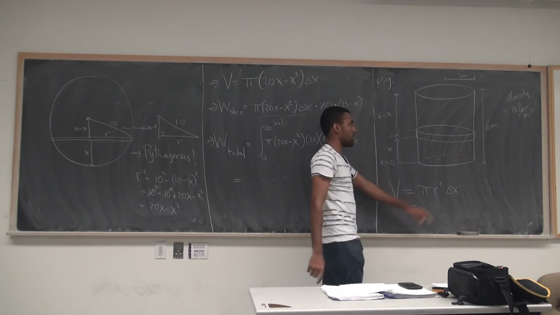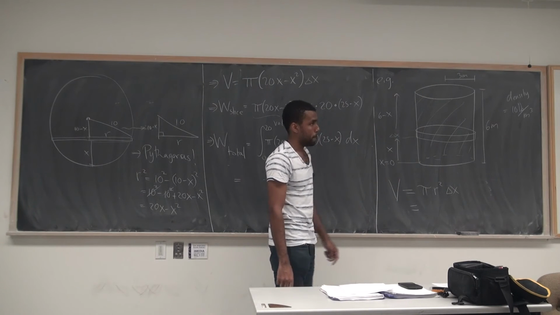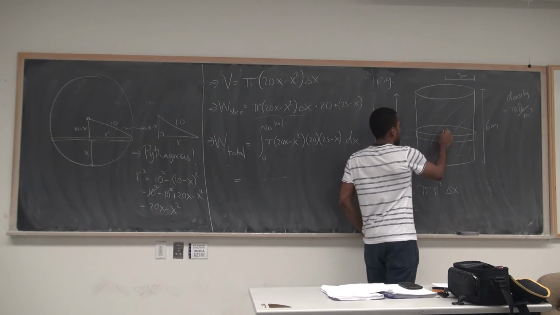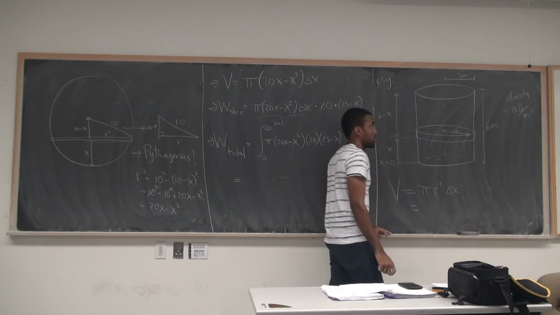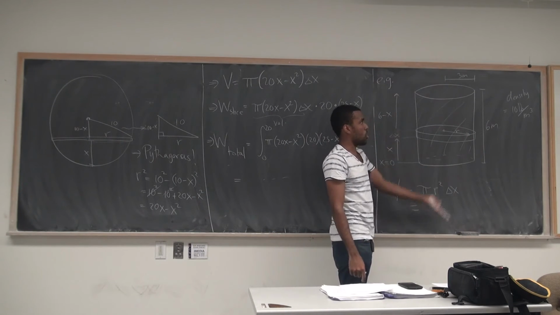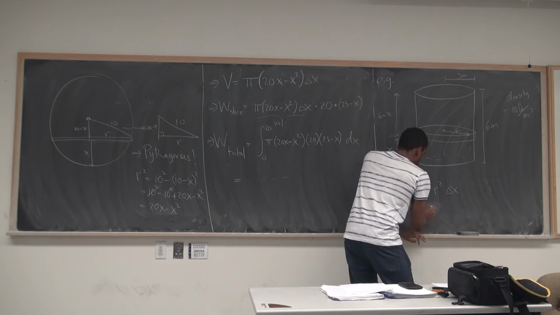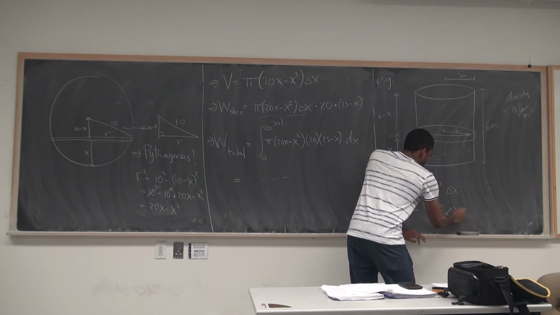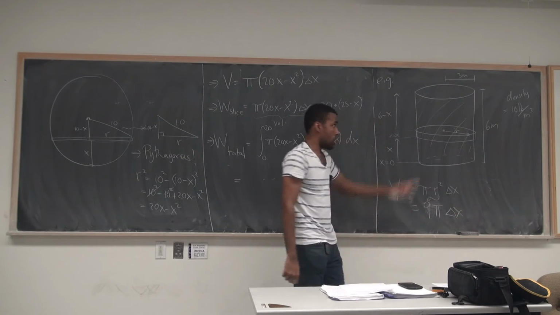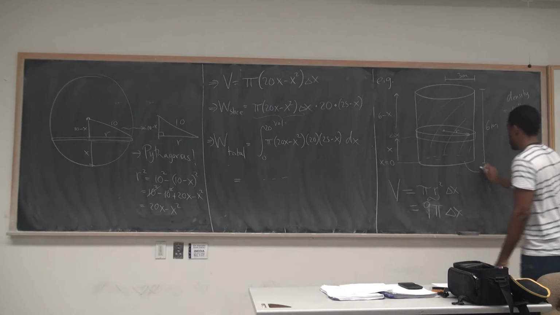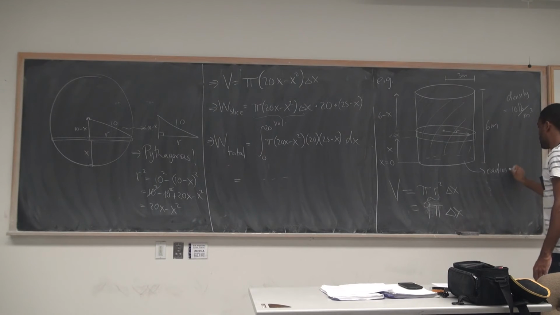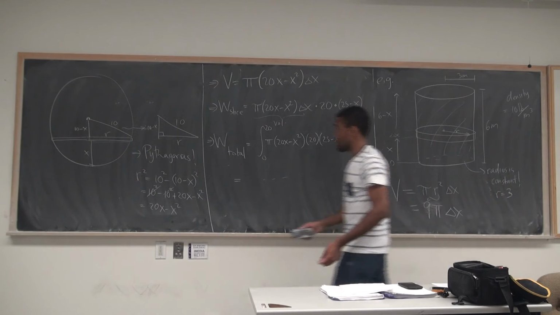Can I write r in terms of x? What's the r? It's constant, 3, so right circular cylinder. It's always 3. So this is just pi times 9 delta x. So our radius is constant here. R equals 3. So that's just 9 pi delta x, that wasn't so bad.